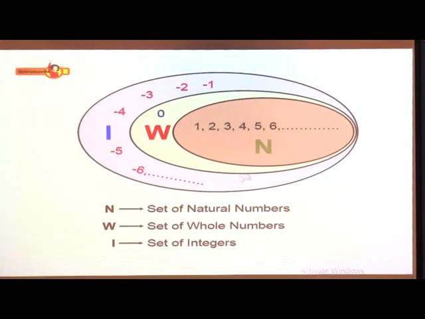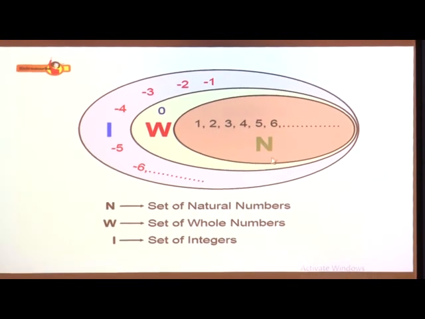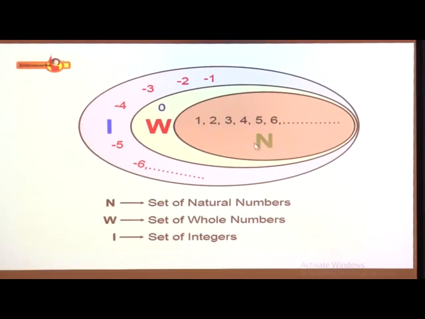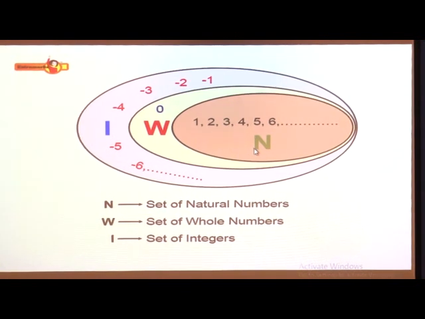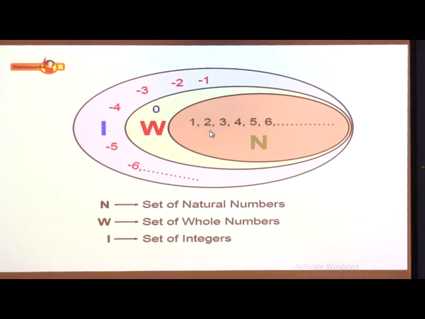Now by seeing this diagram, can you tell what this N denotes? Yes, N denotes natural numbers. So what are the natural numbers? 1, 2, 3, 4, 5, 6 and extending endlessly are called natural numbers.